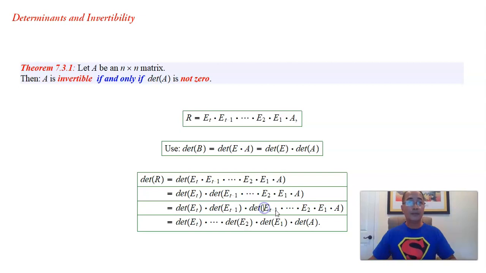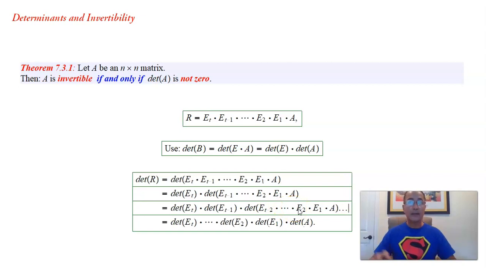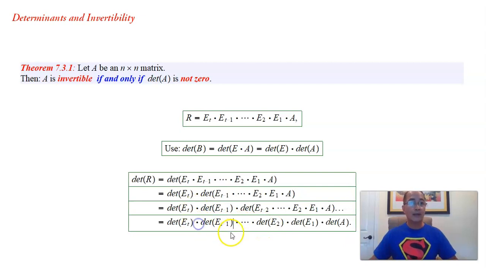And we have the rest of the product. So that will now be E_(p-2). Okay? And obviously we can keep going. All right? So we go dot, dot, dot. And at the end of the day, we will have every elementary matrix from E_p down to E_1. And we still have, at the very end, the determinant of A.